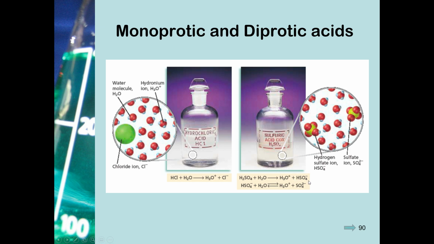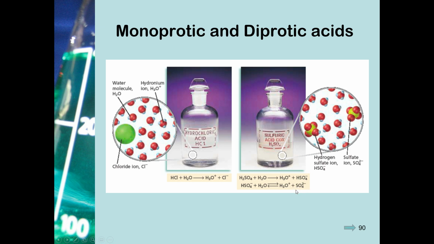If you remember from your ion sheet down on the bottom left, you have hydrogen sulfate. Well, that's the hydrogen sulfate. Now, hydrogen sulfate in that same water can also ionize and give off a second hydrogen. That's why we call it diprotic. And it'll form another hydronium ion. And if I take that off, what's left is my sulfate ion.